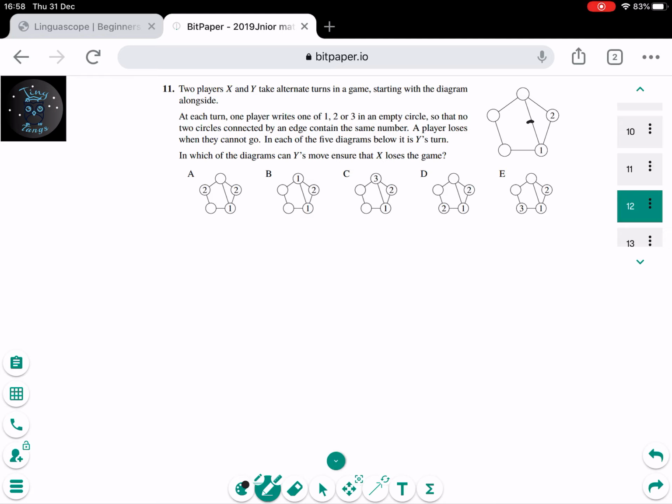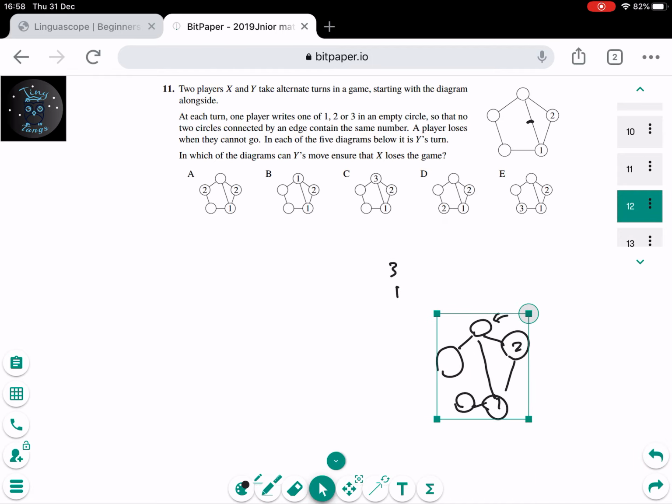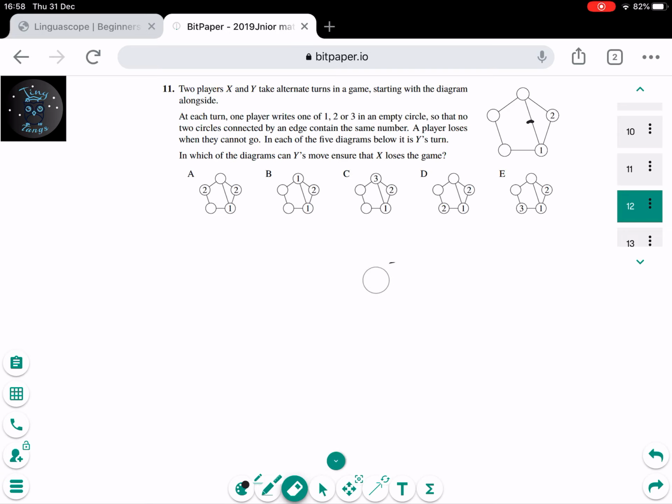If you have, for example, let's say 1, 2 and 3 in circles, excuse me for my bad drawing, then X would lose if he could only place there, because that line makes it simpler to make the other player lose, because more lines come to it.